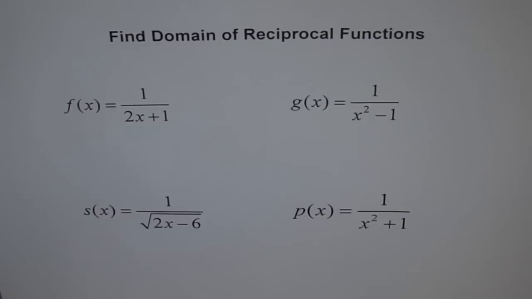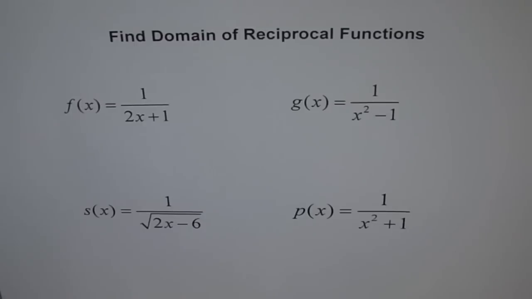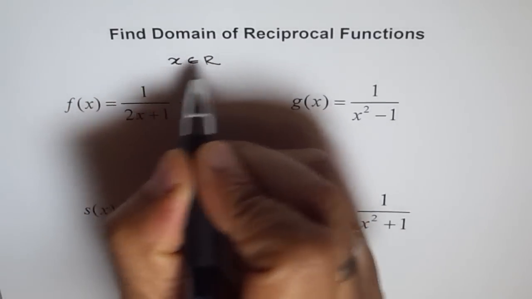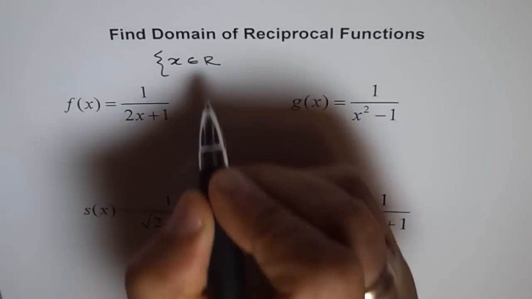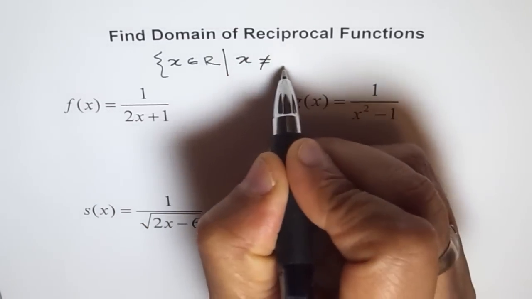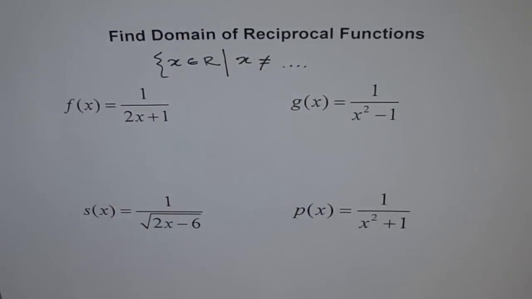Now, since I have taken the reciprocal function, it looks very simple. And the domain is all real numbers. So we say the domain is x belongs to real numbers for all these functions where x is not equal to something. And what does this something do?